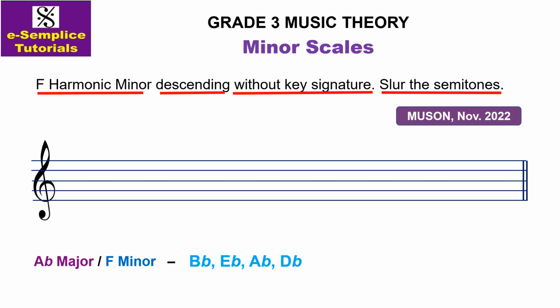So this is a descending scale, and in a descending scale it means we are going from 8 to 1. So you show that to show that it is a descending scale. Just go ahead and add the notes. The first note should be on F, and then from there you descend till you get to the first degree.